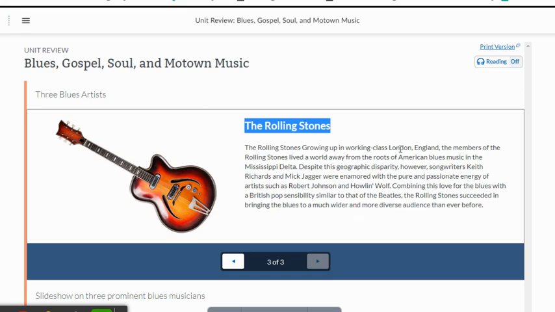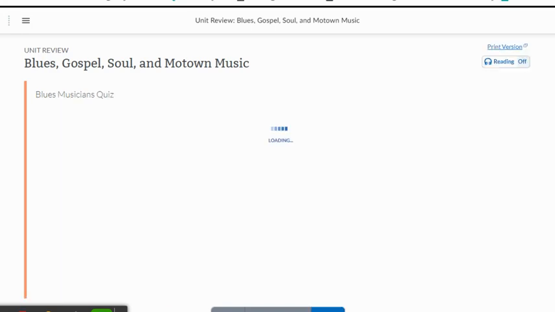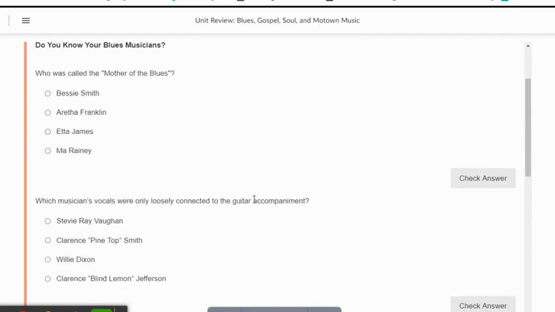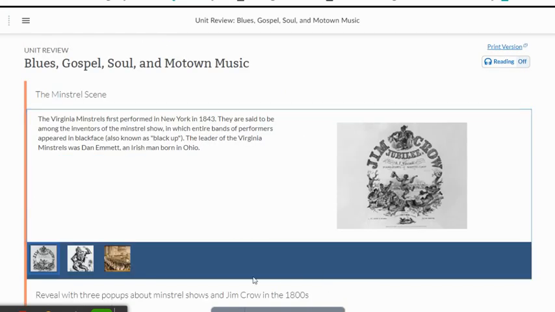They're from England, but it talks about how they were enamored by the energy of the blues. So they were influenced by it. So I'm thinking, you just need to know that that was a band that was influenced by the blues movement and all of that. So, all right. And here's another little quiz you can take to make sure you know that.